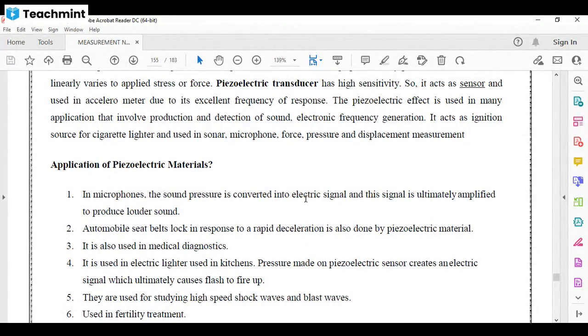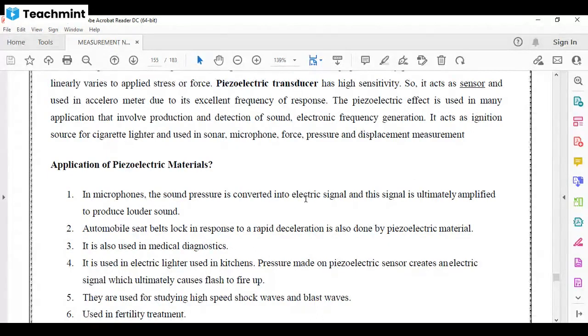In an automobile, the seat belt sensor produces a sound due to the applied force. There will be an applied force on the material, and the voltage will change. So this change in voltage indicates that you should lock the seat belt.